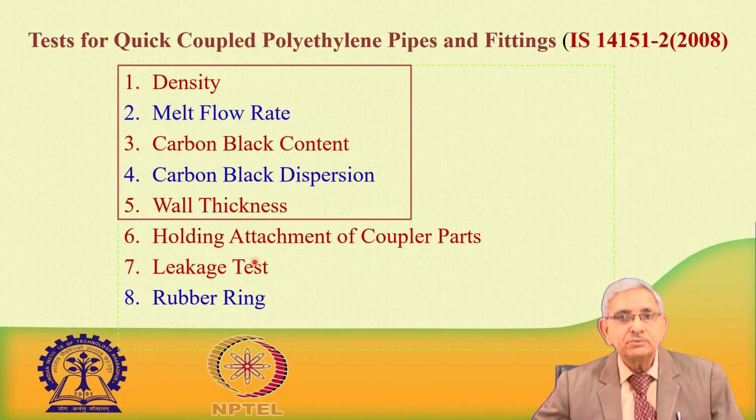Then, in addition to these 5 tests, there are other tests which are applicable in case of quick coupled polyethylene pipes. These tests are holding attachment of coupler parts, leakage test, and rubber ring.